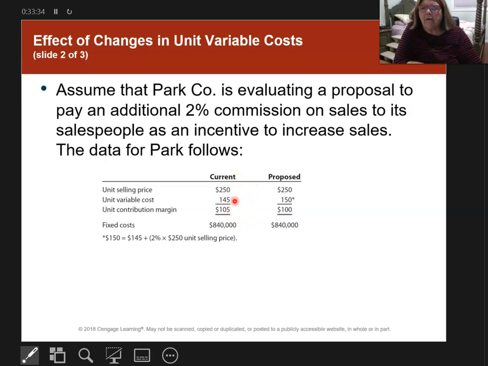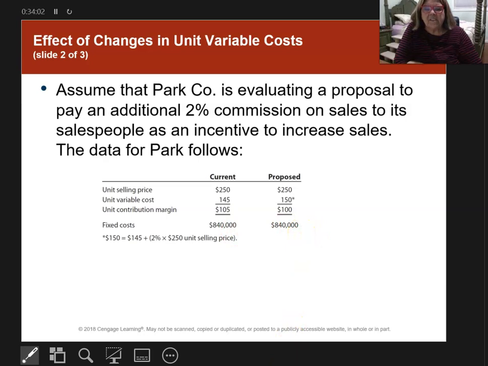By the way, my commission is in the 145. Then my unit CM and my fixed cost. So if I change it and add 2% commission, I'm going to take 2% of the 250 and add it to the 145. So now I'm going to be at 150. So now my unit CM goes down $5 and my fixed costs stay the same.